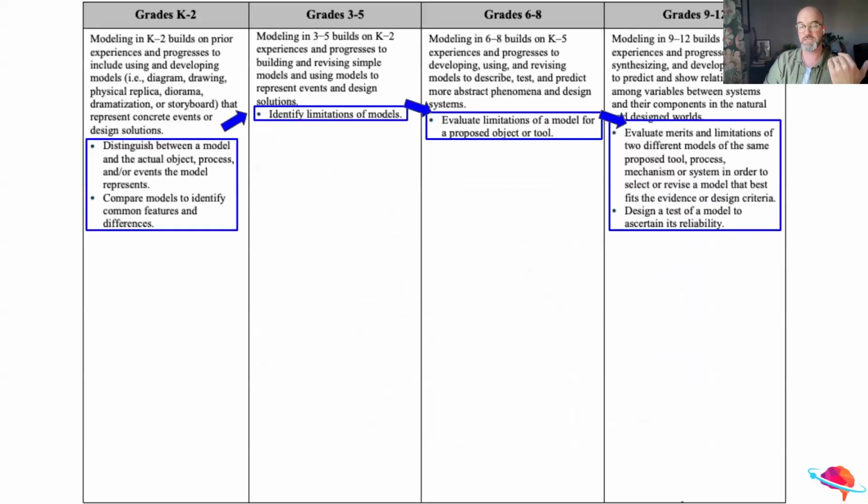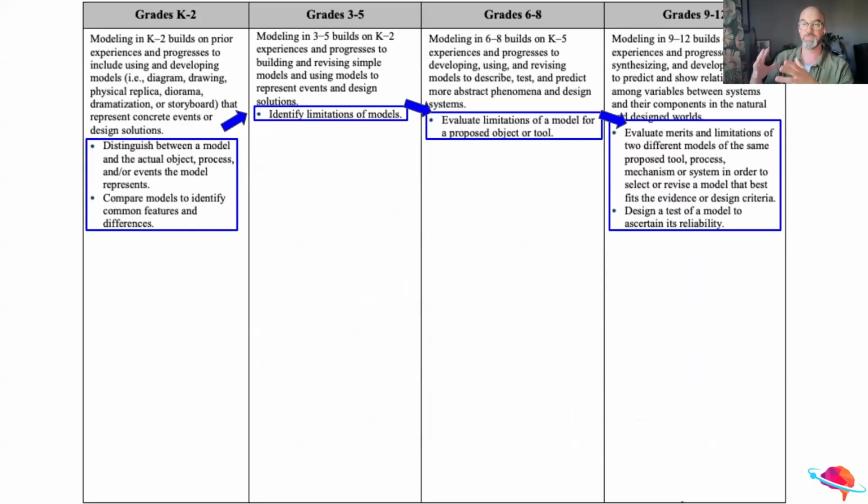And so when we look at one of these practices, we look at the progressions from K-2 to 3-5 to 6-8 to 9-12. We'll see things like in K-2, students have to compare models to identify features and differences. And in 3-5, they have to identify limitations of models. In 6-8, so in middle school, they have to evaluate the limitations of a model. So not just to say that's a limitation, but here's why it's a limitation.